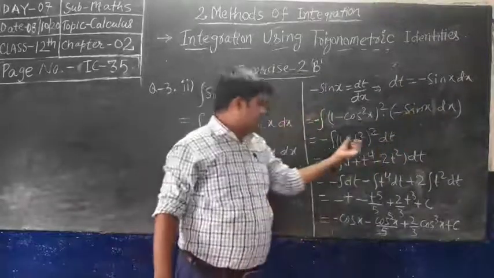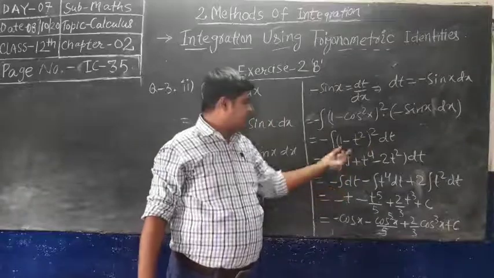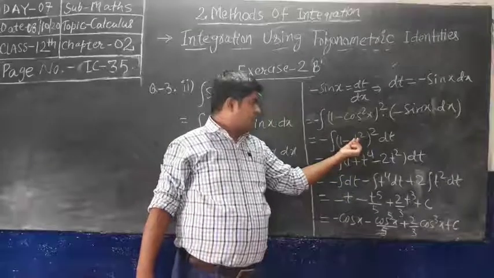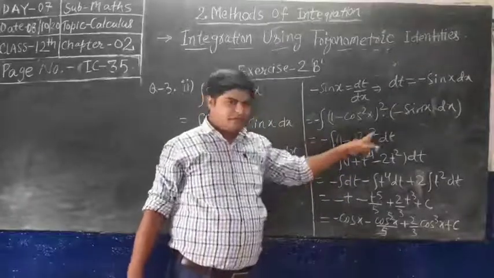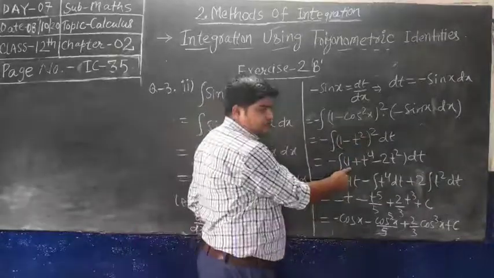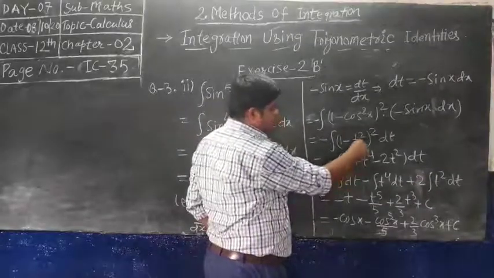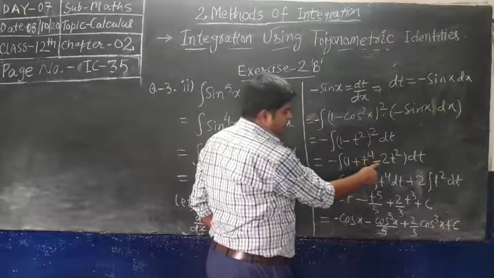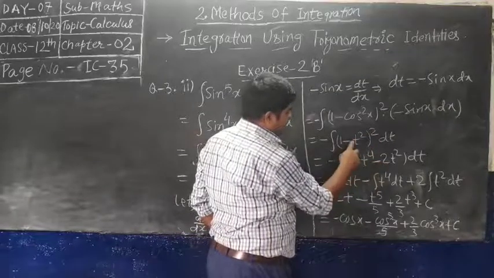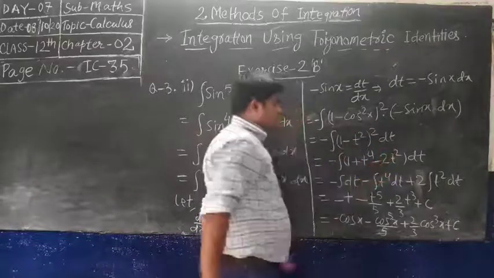Now it is too easy. Minus integration of (a minus b) whole square: a square, 1 square, 1, plus b square, t square squared, t to the power 4, minus 2ab, minus 2 into 1 into t square, minus 2t square, dt.